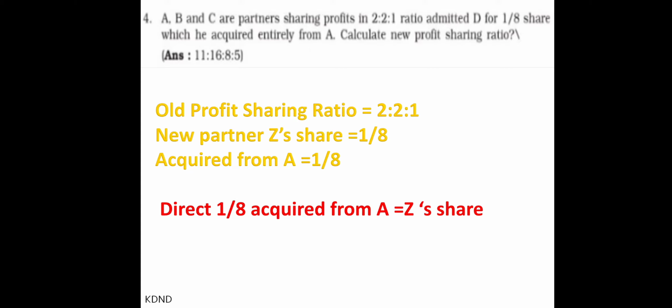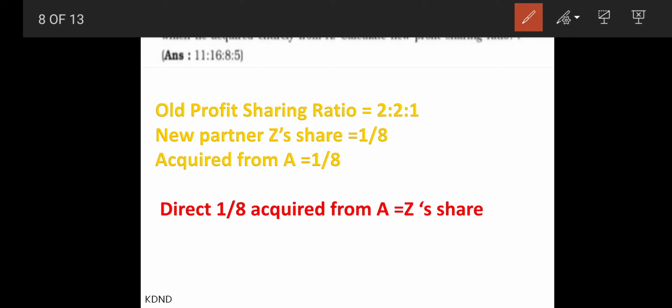In this case, we have to directly subtract the share of the new partner from A. So, 2:2:1 is the ratio, and 1/8 is the share of D acquired from A, which is the new partner's share.